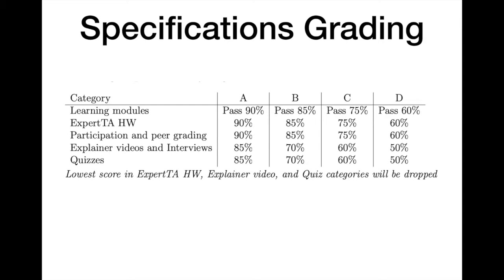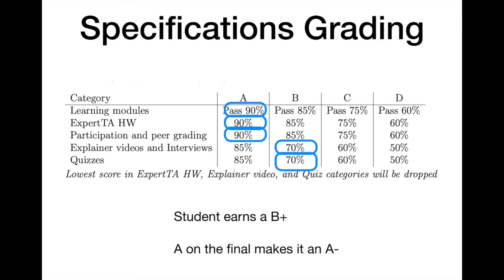Now, each of these categories is taken into account. So for instance, let's look at this student who earns A's on all of the sort of participation things, the learning modules, but is in the B level on the explainer videos and on the quizzes.